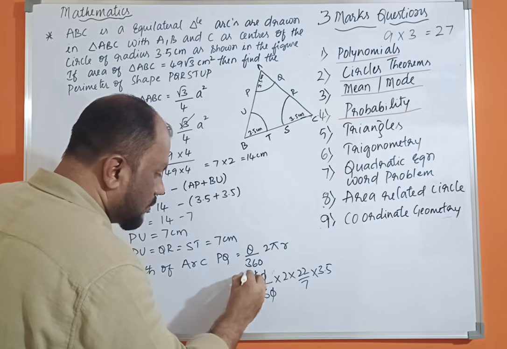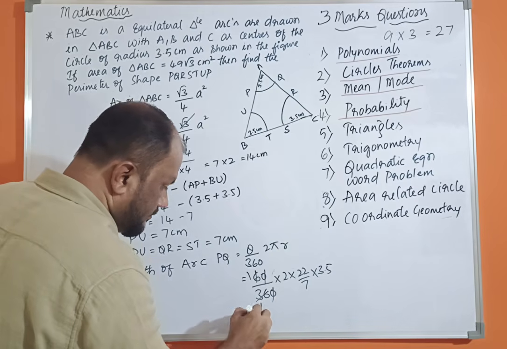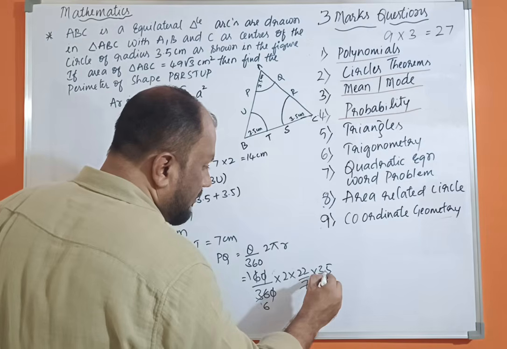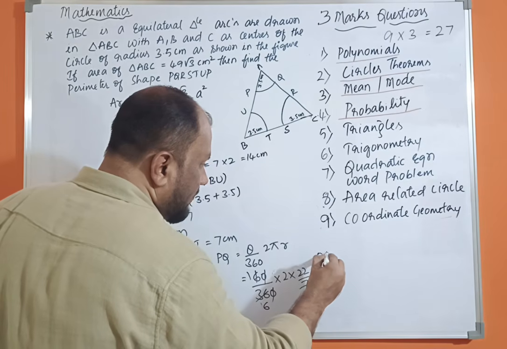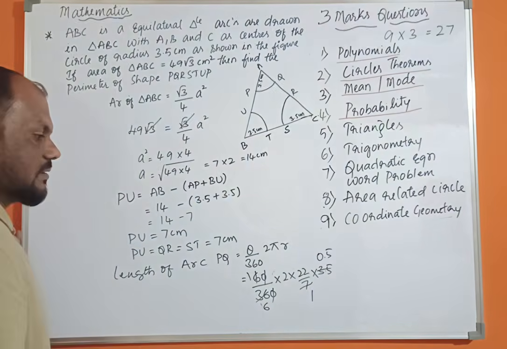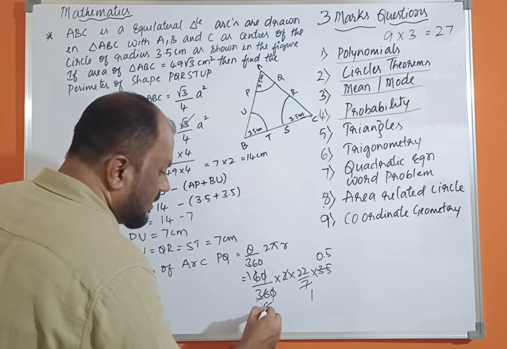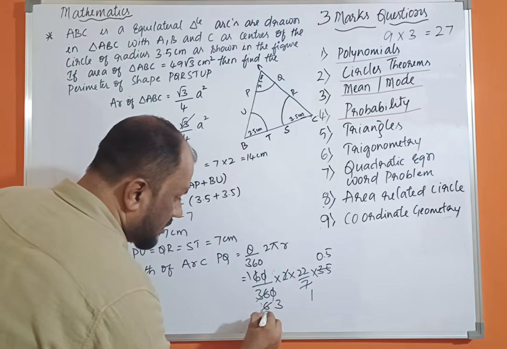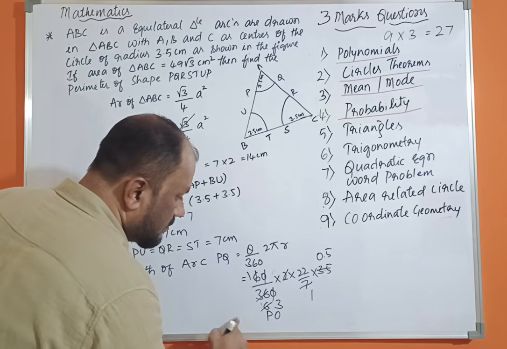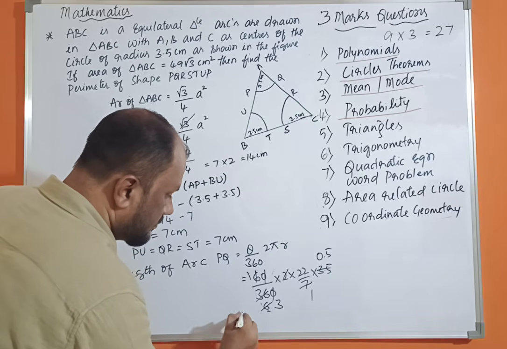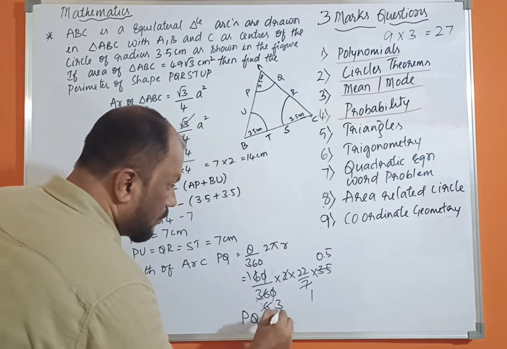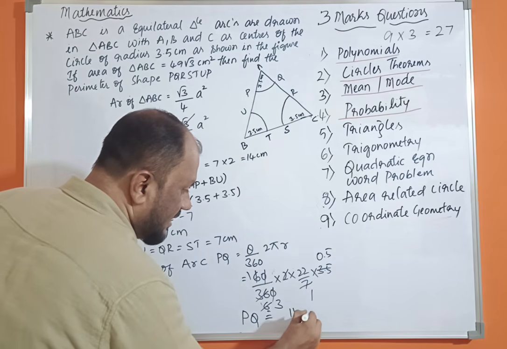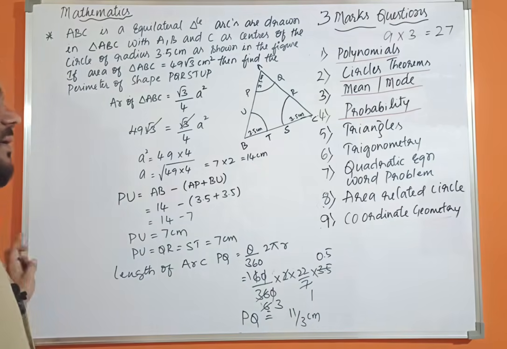Simplifying, the length of arc PQ is equal to 22 into 0.5 divided by 3, which is 11 by 3 centimeter.